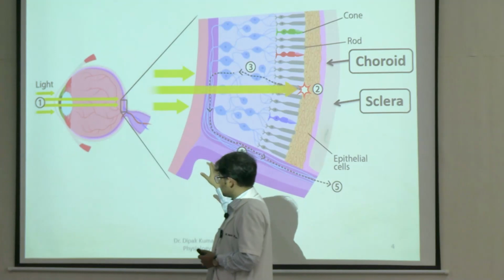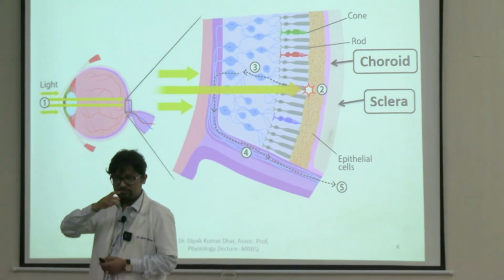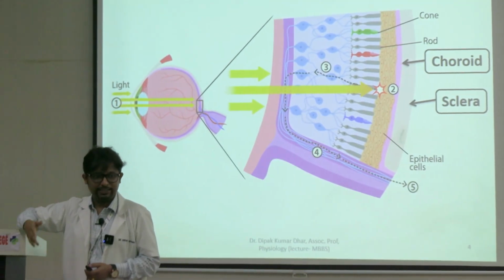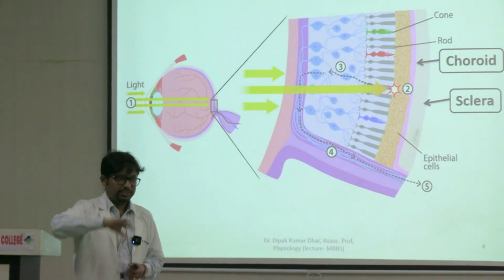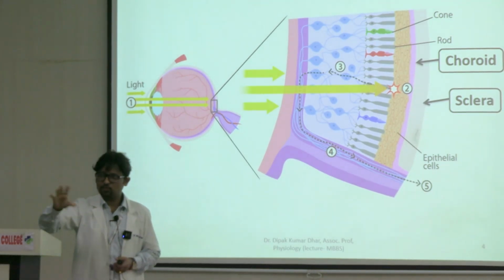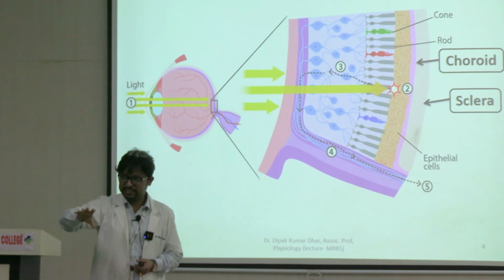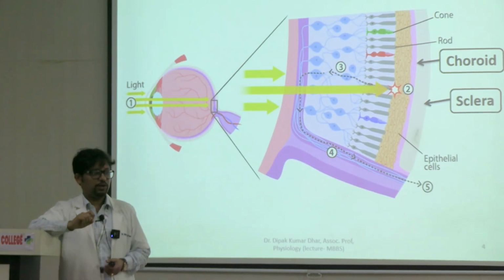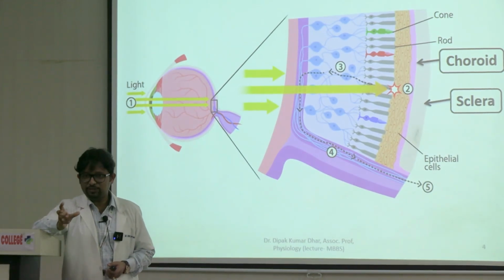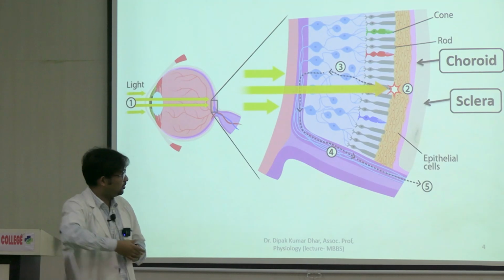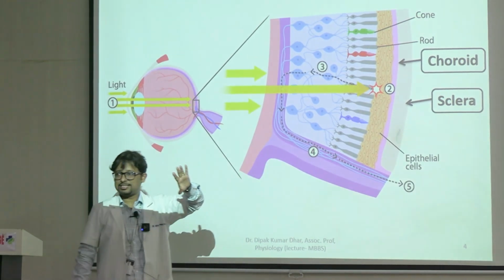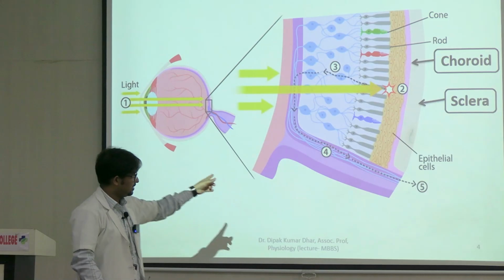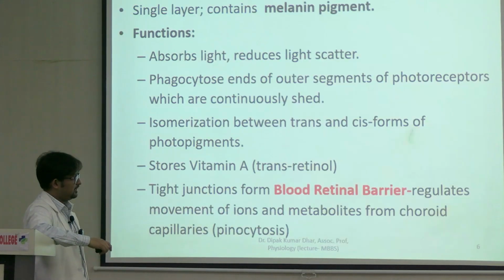So because of the property of light that it always travels in a straight line, in the temporal field of vision, around 10 to 15 degrees, there is one point from where if light falls on the eye, it will fall here. And this is called the blind spot. The reason is that the optic disc does not have any receptors.